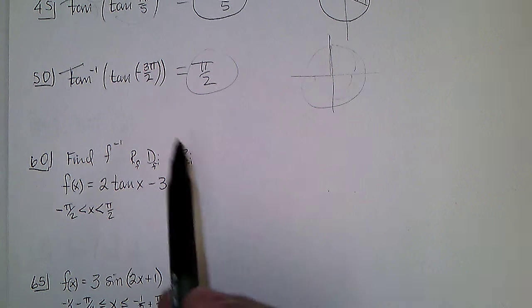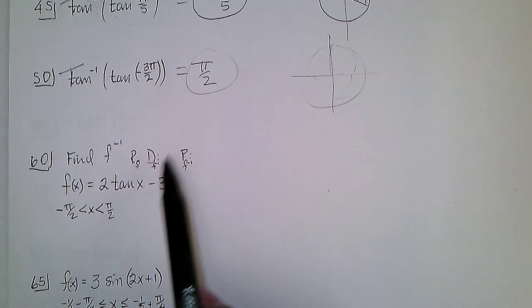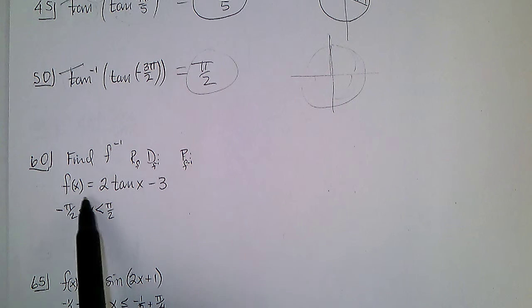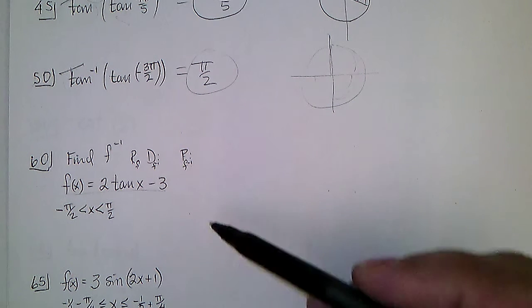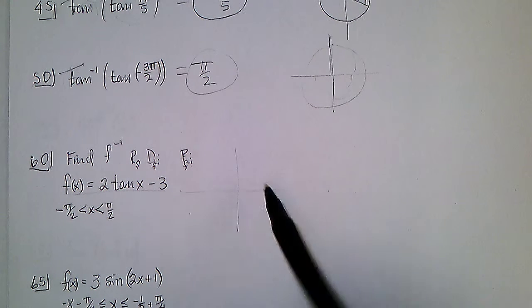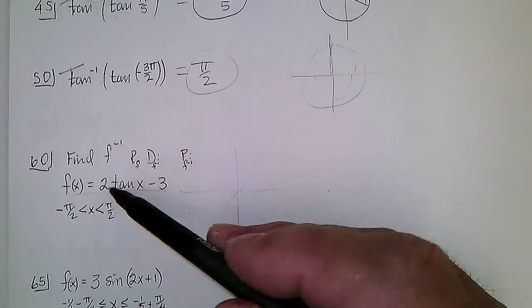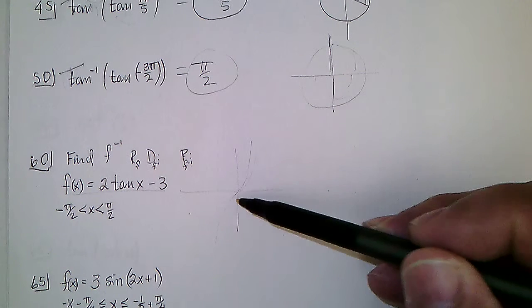Now, it says find f inverse, the range of f, the domain, and so on. So what does this look like? The tangent is a function that goes up like this and down like this. If you multiply by 2, it gets a little steeper.